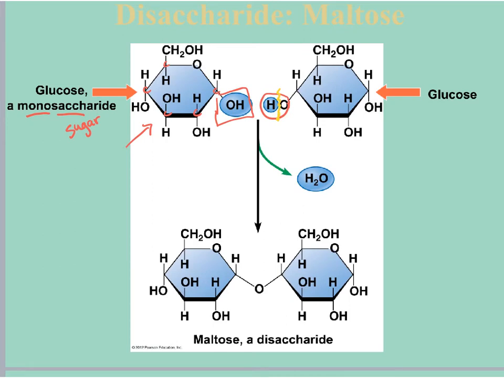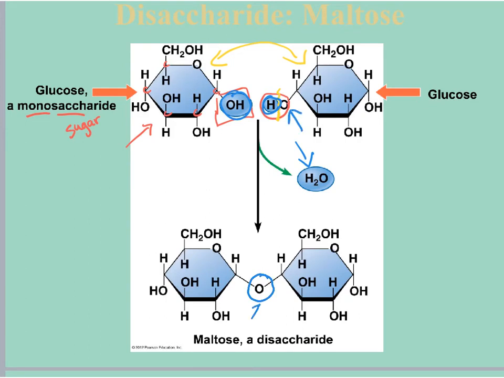So when these two molecules come together in a chemical reaction, in a dehydration reaction, remember that a water is lost. So we're going to lose this water. We're going to lose this hydrogen and oxygen and lose that hydrogen. And then a bond is going to be created between those two molecules with this oxygen.